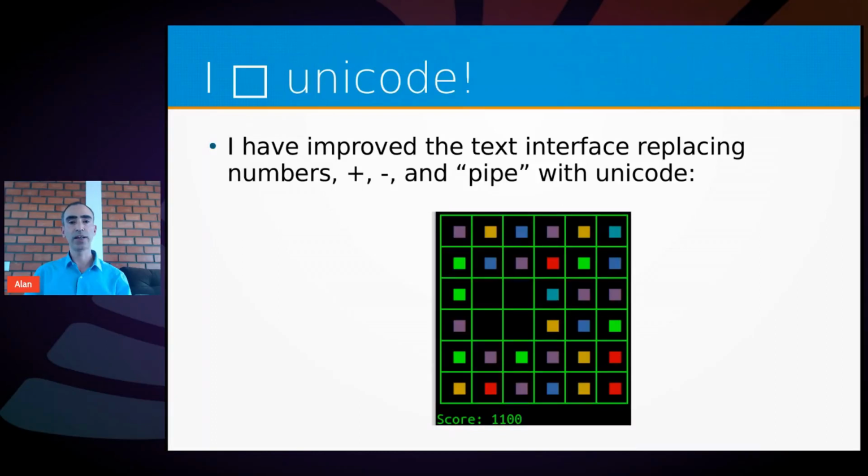So I decided to replace numbers with square colored blocks, and I also replaced the border of the matrix with Unicode grid characters to make it easier to see, and nicer and more enjoyable to play.